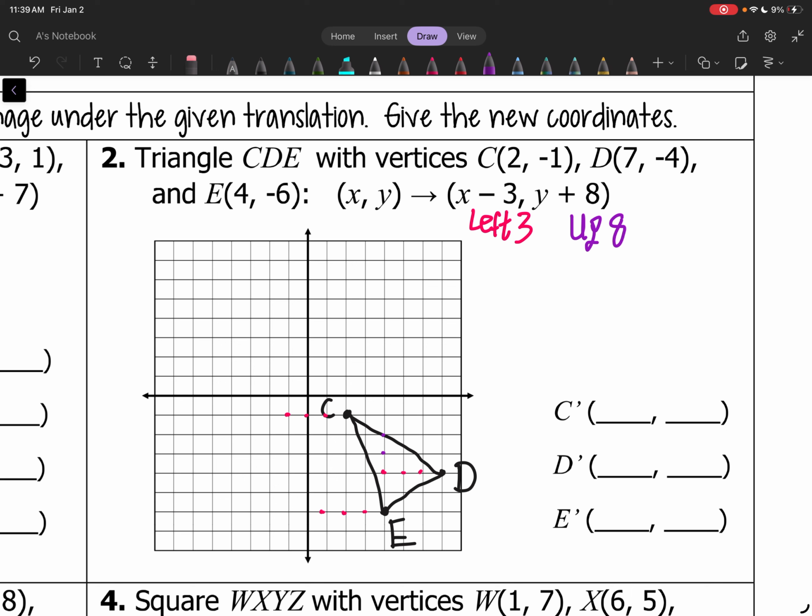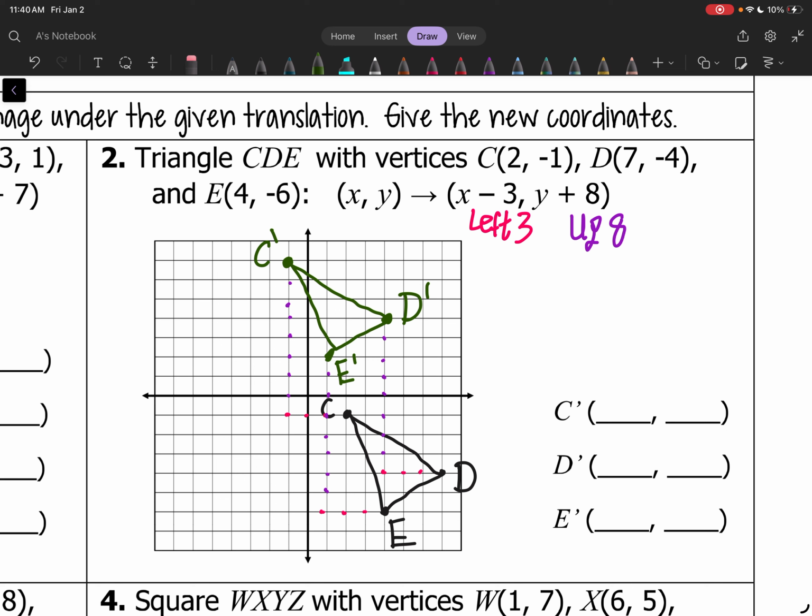So 1, 2, 3, 4, 5, 6, 7, 8. Here are my image coordinates. C, D, E. Put the apostrophe for the image. Draw the figure, finished.